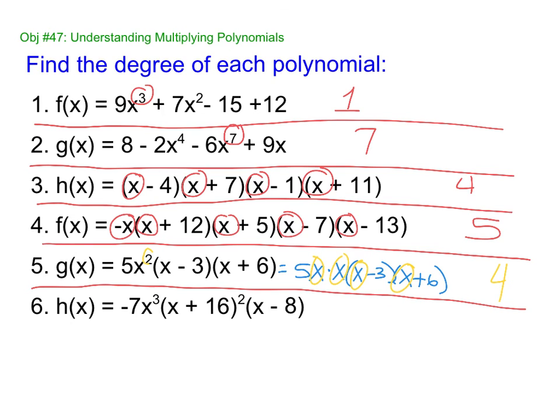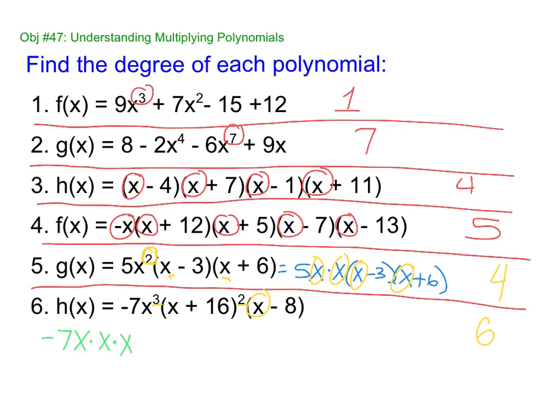We have to count that 2, right? We're going to use the 2 and then 3, 4. So using that fact, see if you can figure out number 6. So I'm going to count. I've got 3, 4, 5, and then 6. So this one's 6. Because just like that other one, if I wanted to rewrite this, negative 7, x 3 times.